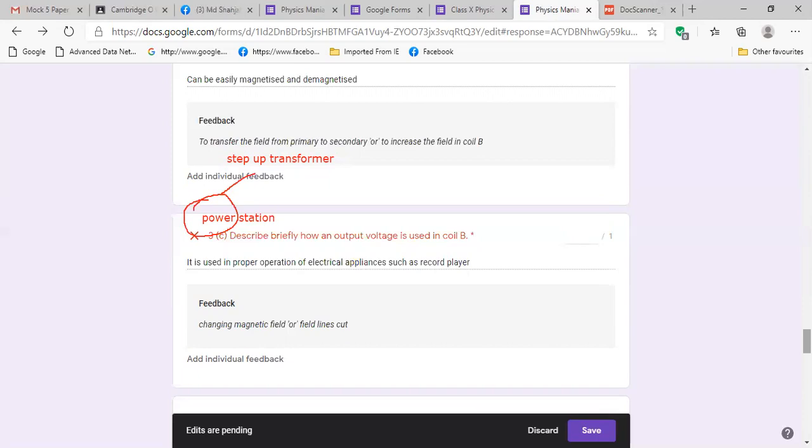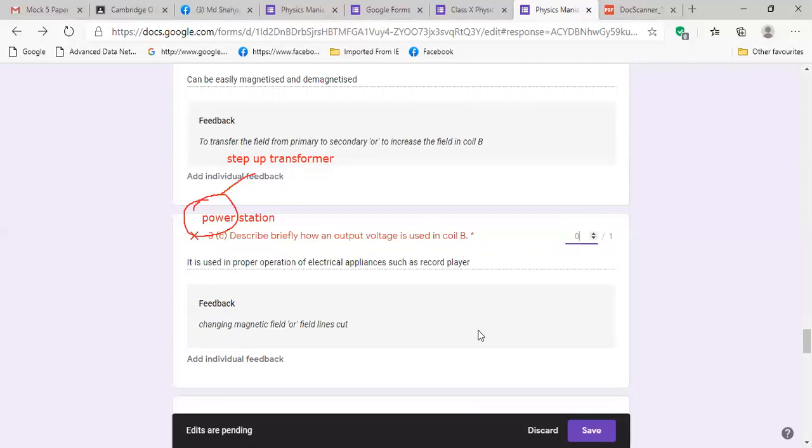Describe briefly how an output voltage is used in coil B. It is used in proper operation of electric appliances with the changing magnetic field or field lines cut. They are actually asking about coil B here specifically, not any other example. They did not ask you about other examples or other appliances and how they are working.